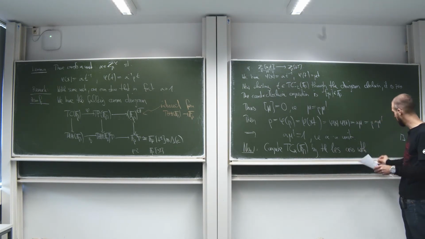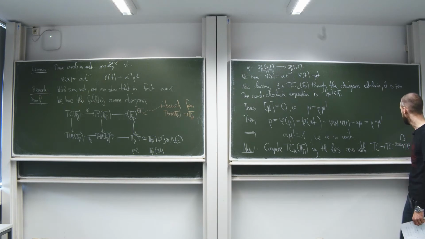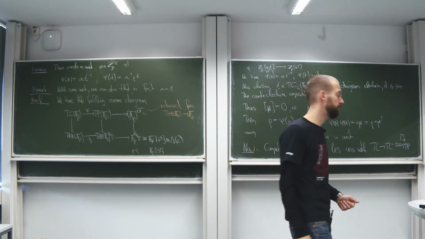Which fiber sequence do we have? Well, I guess we have the fiber sequence TC goes to TC minus goes to TP, with the map phi minus can. Right, and this gives us a long exact sequence on homotopy groups, and that's what we want to use now.